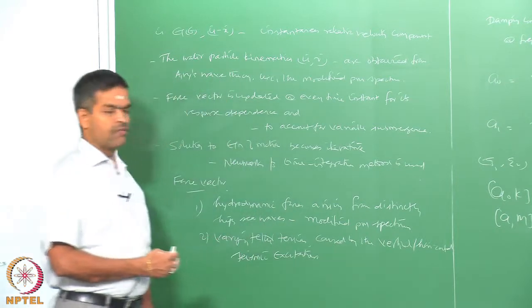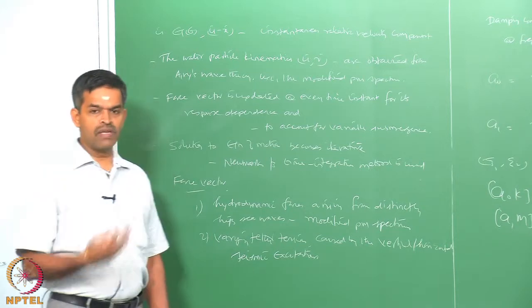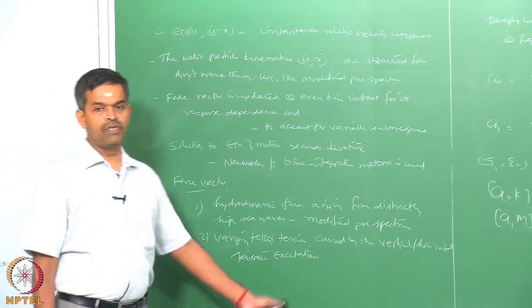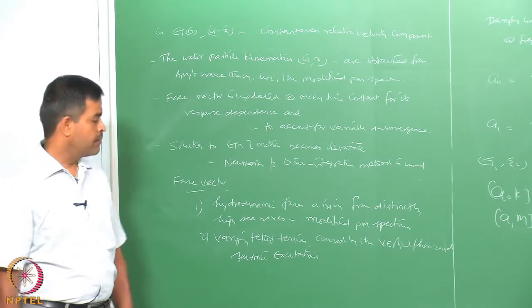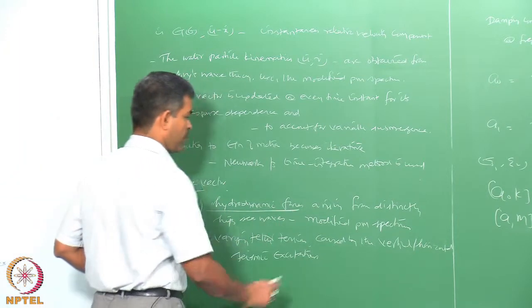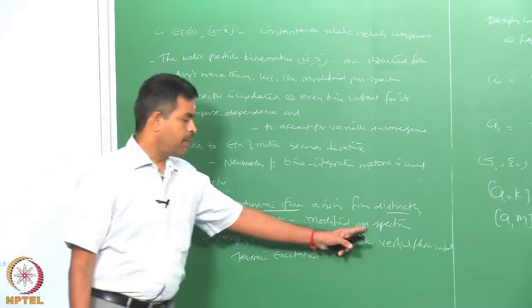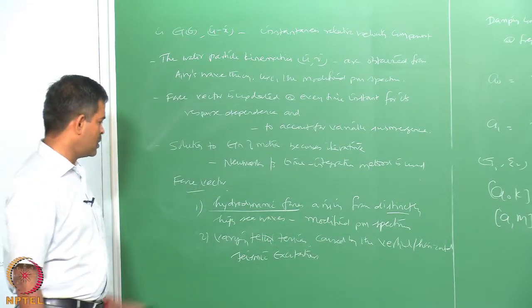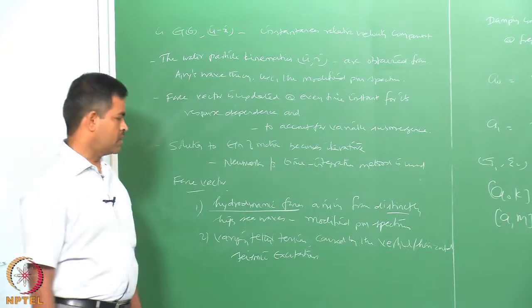When the seabed has got vertical and horizontal seismic excitation, the tension in the tether continuously varies, which affects the stiffness coefficients. Therefore, the equation of motion is updated at every time instance, because it has got two force components now. One is the hydrodynamic force arising from the distinctly high sea waves, which we obtained from the modified PM spectrum. The second is of course the tether tension variation, which causes an indirect force on the system.